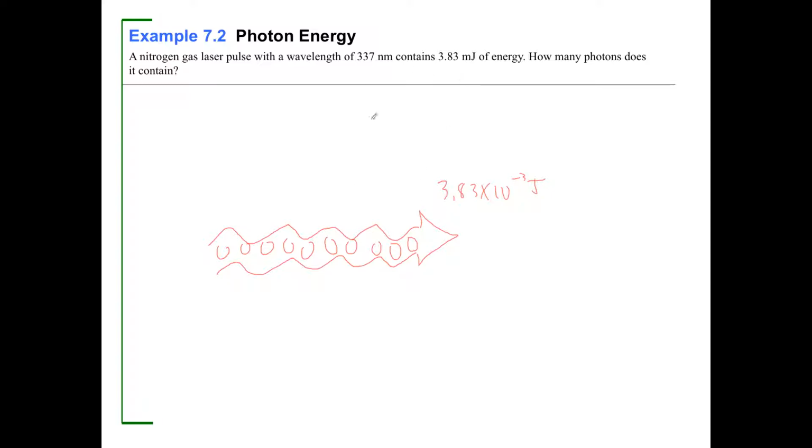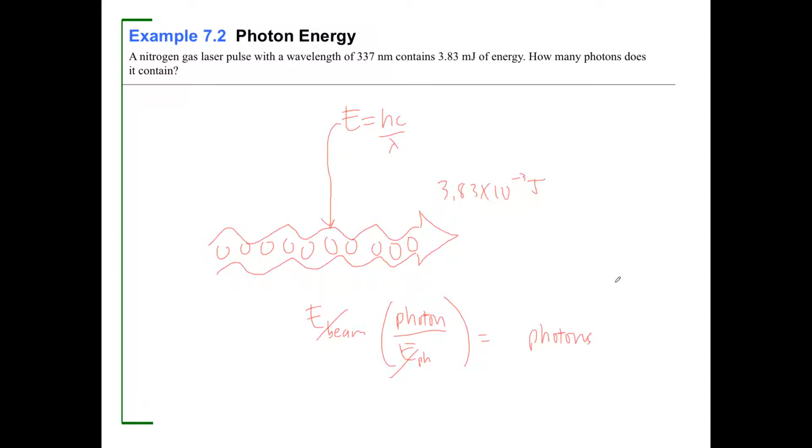Well, each one of those photons has an energy of E equals hc over lambda. That's what one of those has. Boom. And so what you've got to do is take the energy of the beam and divide by the energy per photon, because that's the energy for each photon, right? And those are going to cross off, and you get the number of photons.